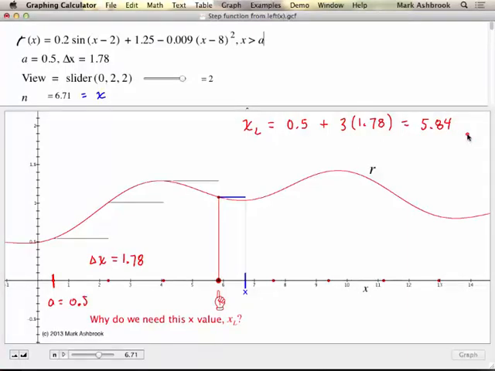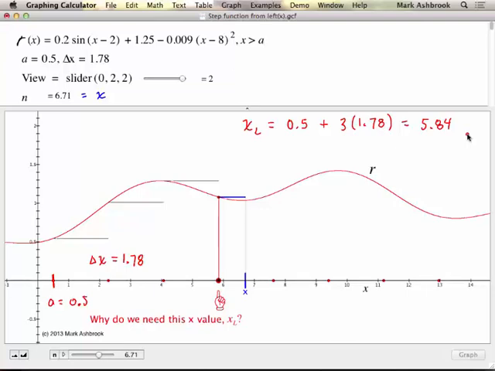So what's our pretend rate at 6.71? How would you express the pretend rate at 6.71? R of 5.84. What about the pretend rate at x equals 7? R of 5.84. What's the pretend rate at x equals 6?